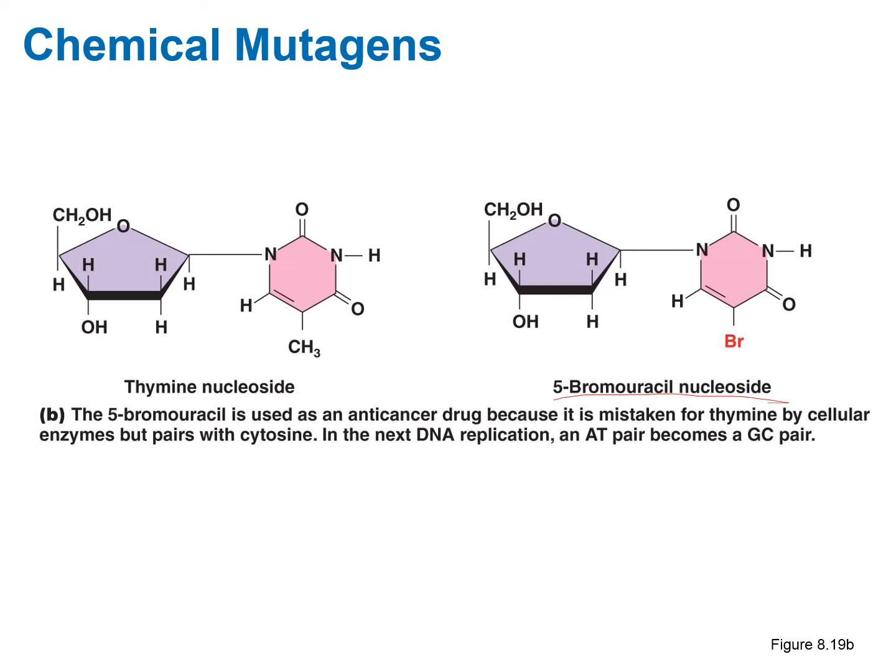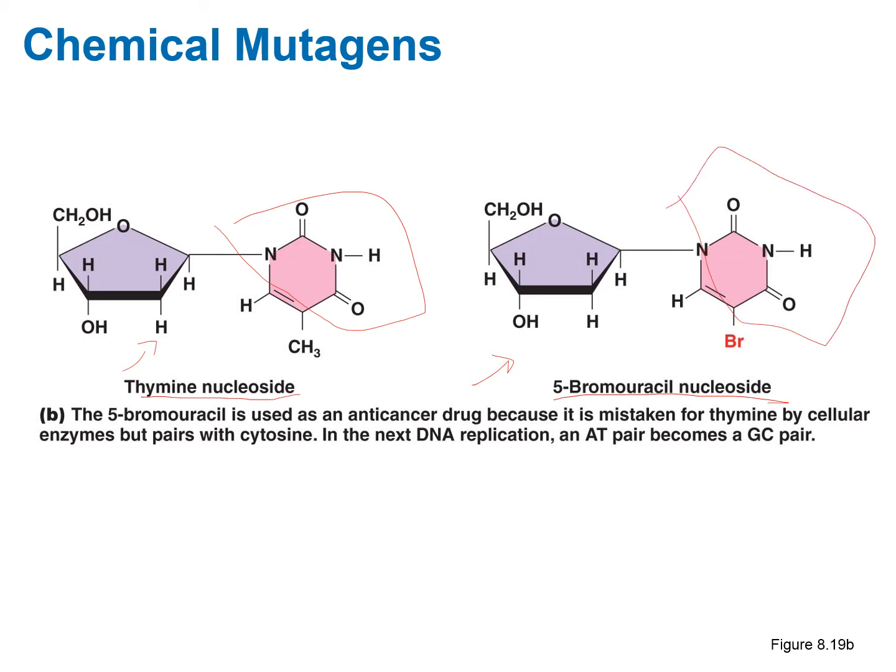cells. So what happens is DNA polymerase looks at 5-bromouracil and it looks at thymine. Can't really tell the difference because the sugars are the same. This entire part of the molecule is the same. So for the enzyme, it looks like this is thymine.